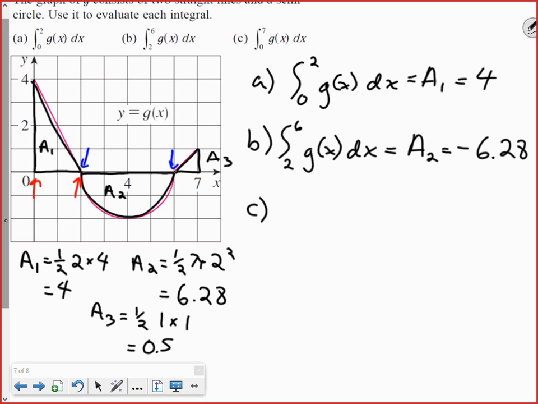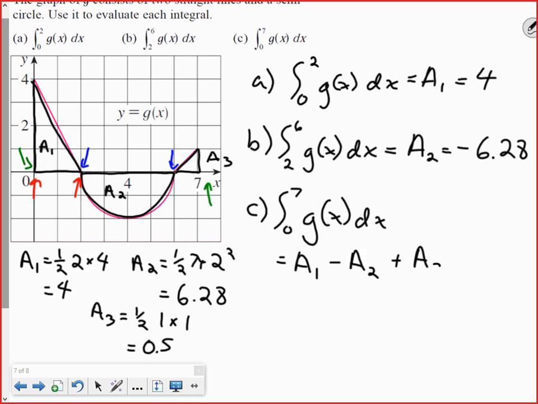And for c, if we want the integral from 0 to 7, okay, so this is all the way from our starting point here to our ending point here, we've got to combine all three of these areas. So area 1 is positive area, we've got to subtract area 2 because we know it's a negative area because g at x is less than 0 in that region.